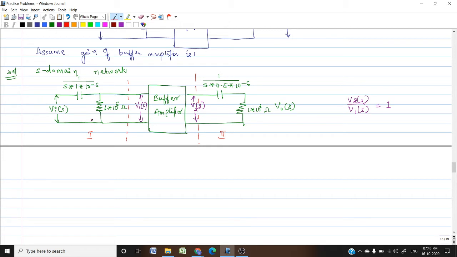We will find V1 of S by Vi of S, and we will find V0 of S by V2 of S. Since we know V2 of S by V1 of S, we can then find V0 of S by Vi of S.